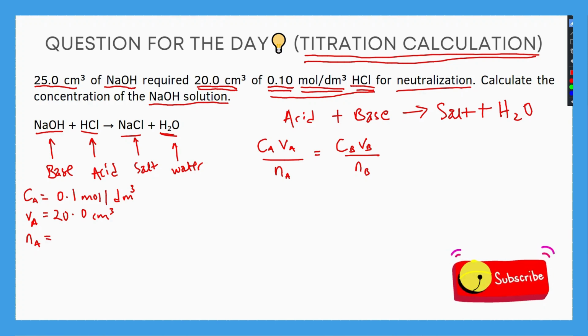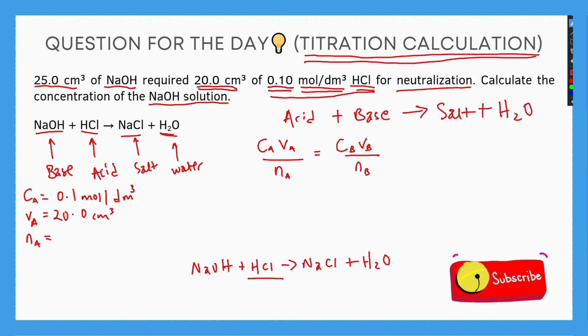Now, if you check out the balanced chemical equation, NaOH plus HCl giving NaCl plus H2O, the acid is HCl, and this chemical equation is actually balanced, okay? And the number of moles of HCl that is used is just 1. The same thing for the base, just 1 mole of base was used. So Na is 1.